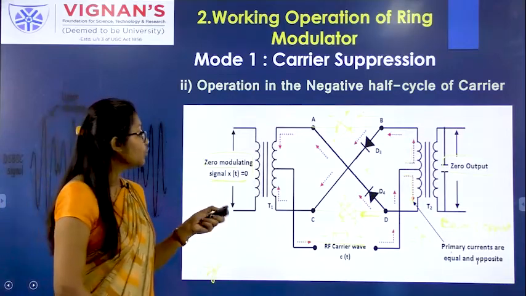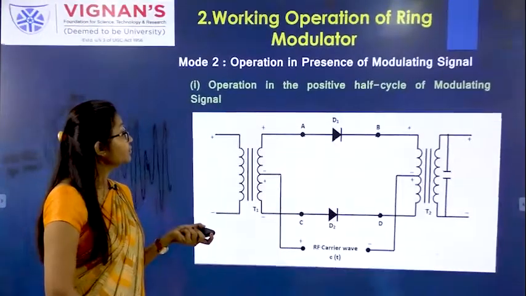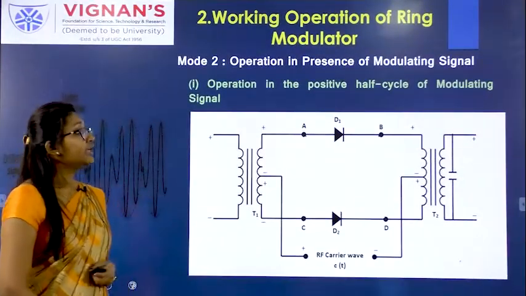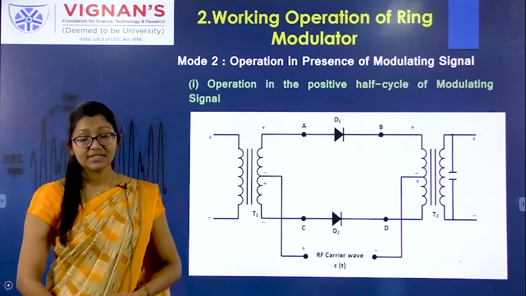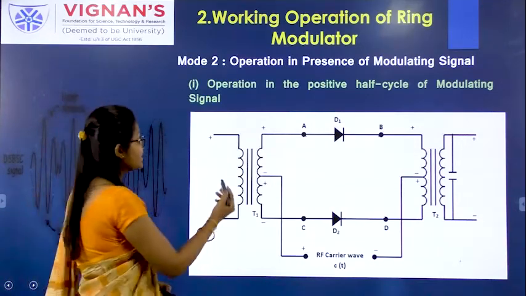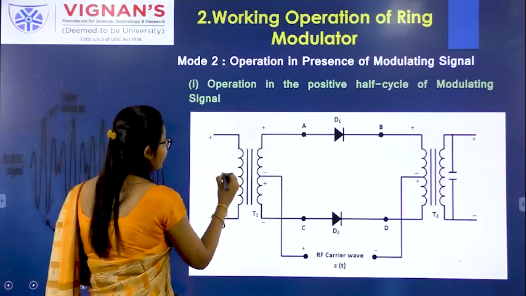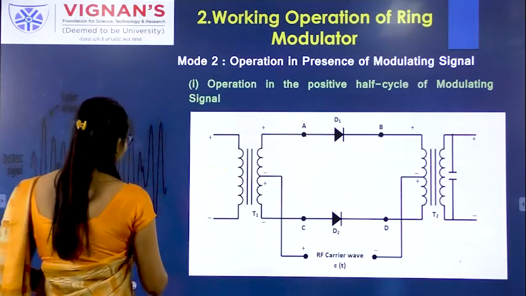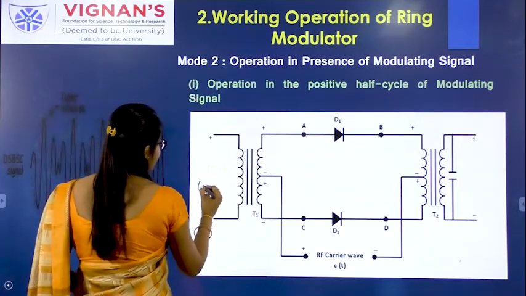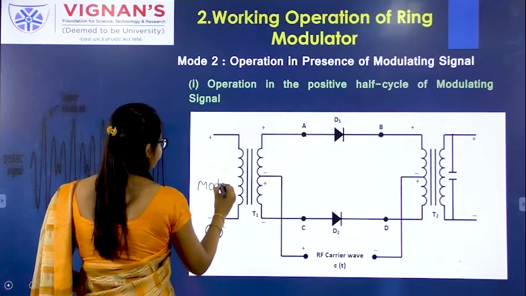And next, coming to mode 2 operation. Here in mode 2 we are considering the presence of the message signal. So now I am giving the message signal, m of t. So this is your modulating signal.